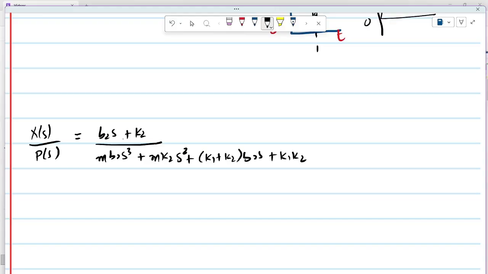This was our transfer function, that was output over the unit step input force with the 10 magnitude. But if we recall, that system has an additional coordinate here because the damper and the spring were connected in series.